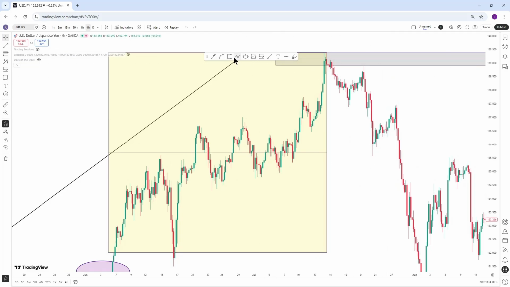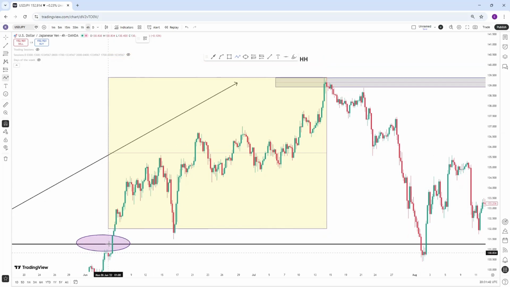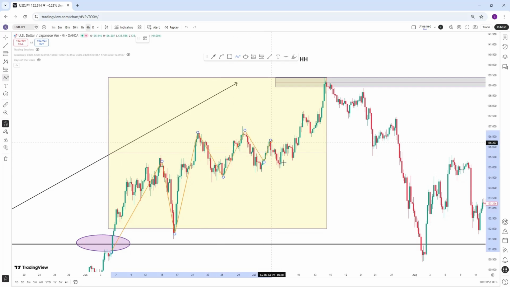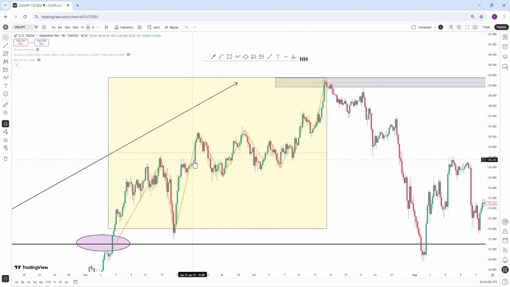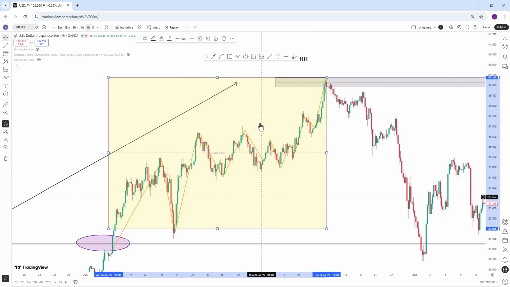From the place where we got our indication, the market was making higher highs and higher lows.